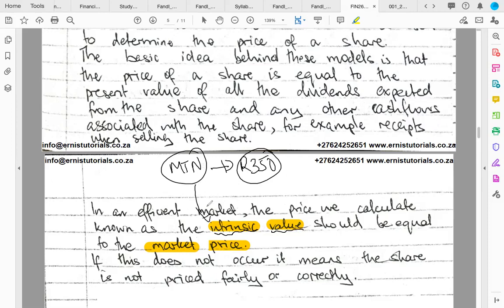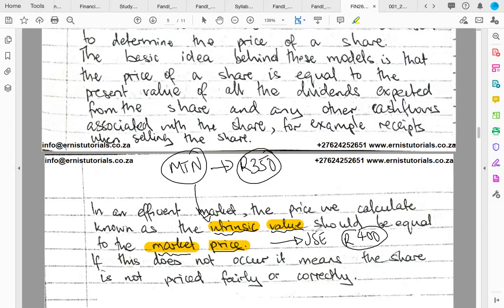However, we might go to the Johannesburg Stock Exchange where you can buy or sell shares from MTN, and you might find that the actual price of MTN on the market where there are buyers and sellers is 400 Rand. So you see the intrinsic value that we calculated might be different from the market price that you observe in the market where people can buy and sell shares.